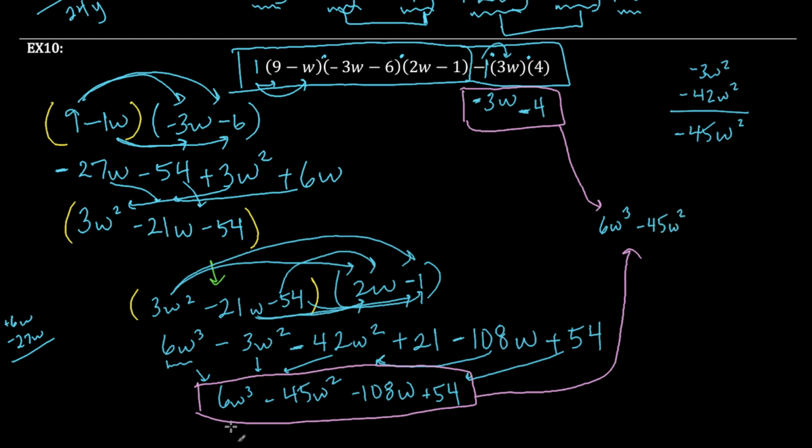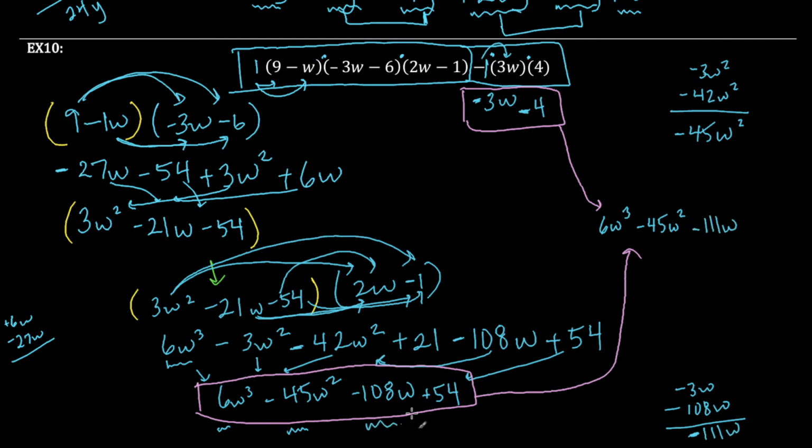Okay, so I use this one. So I have minus 3w and minus 108w. So put that over here. Minus 3w minus 108w. If I take away 3w's and I take away 108w's, then I'm really taking away 111 w's.